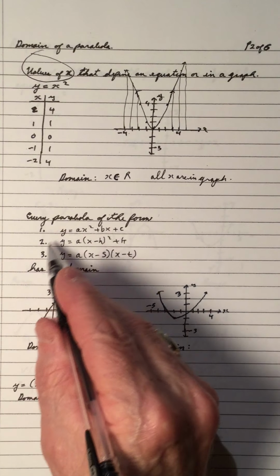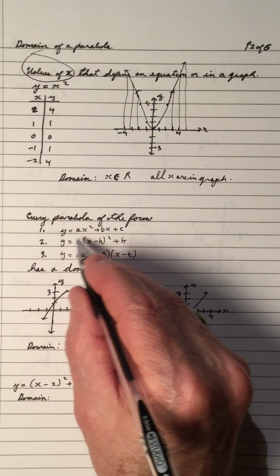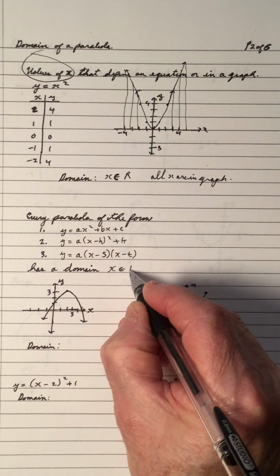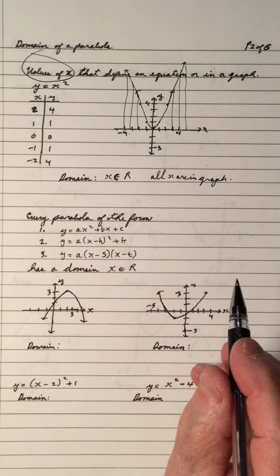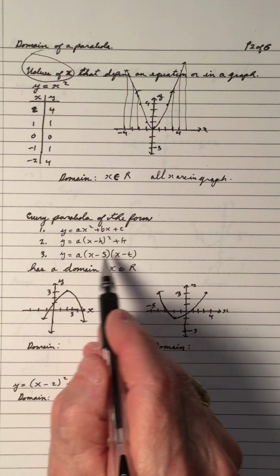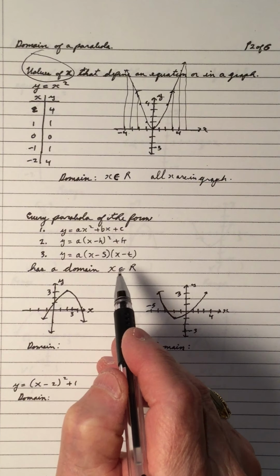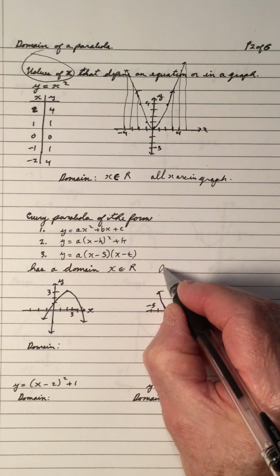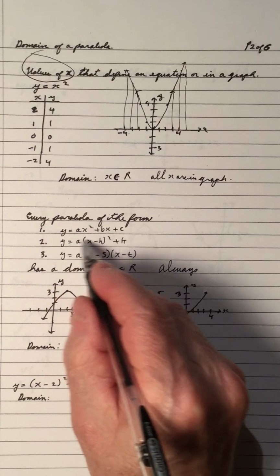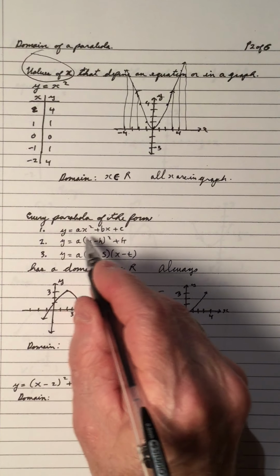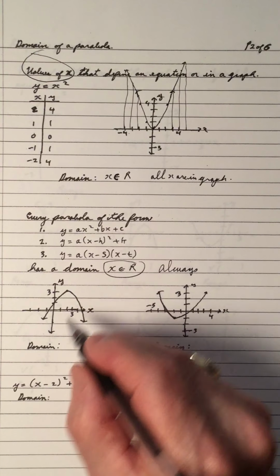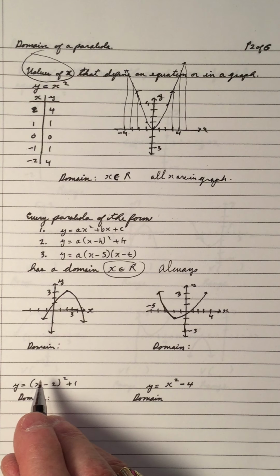All parabolas written in any one of these forms will have a domain of x belonging to the real numbers. No matter how you write it, the domain is always x belongs to the real numbers.